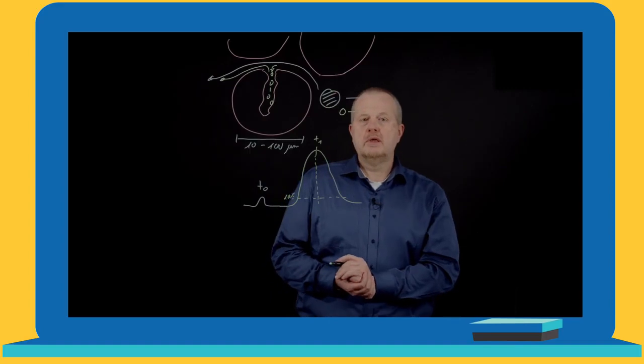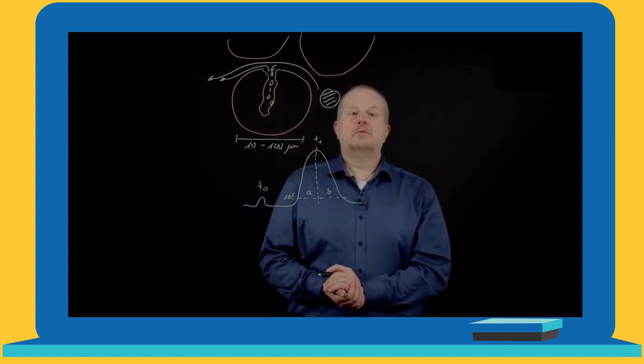And now we have a look at this peak shape. For that, we divide our peak into two parts, and we look at 10% of the height of the peak. We see that the two parts of our peak, A and B, are not equal.